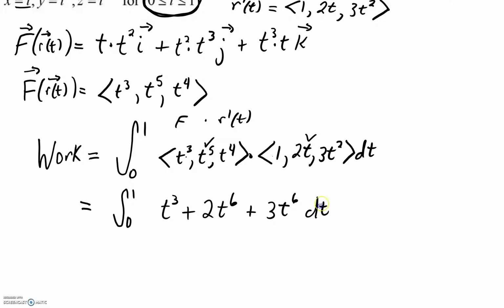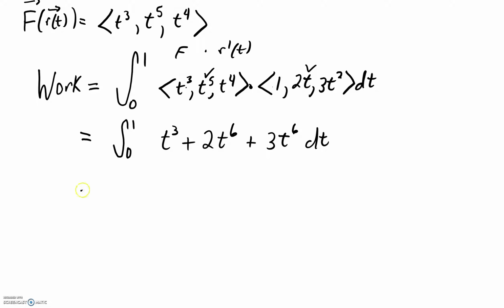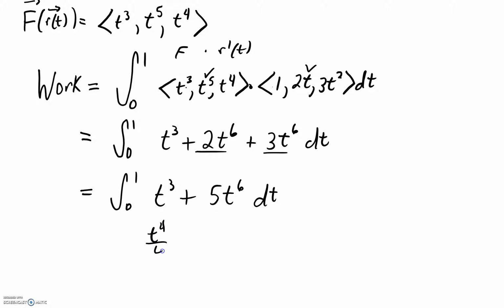And we do have two like terms here that we can put together. The last two terms add up to 5t to the sixth. Well, at this point, we just apply our fundamental theorem. We'll get t to the fourth over 4 plus 5t to the seventh all over 7, and we're evaluating that between 0 and 1.